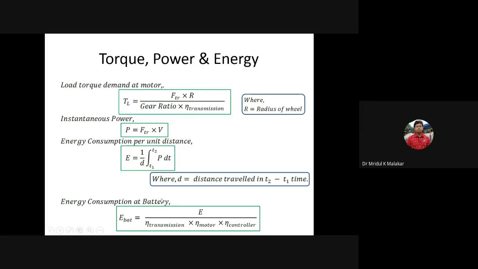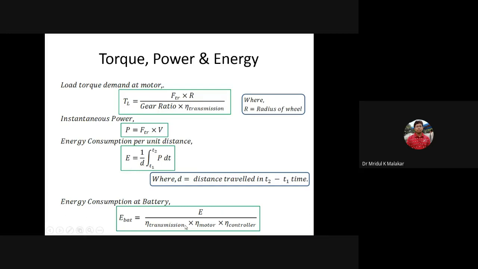That net amount of energy and the total transmission efficiency will give the net amount of battery. Practically you will get something like 1.11 times greater than the total consumed power. So you have to select your battery as 1.11 times the consumed energy. Then the system will be balanced.